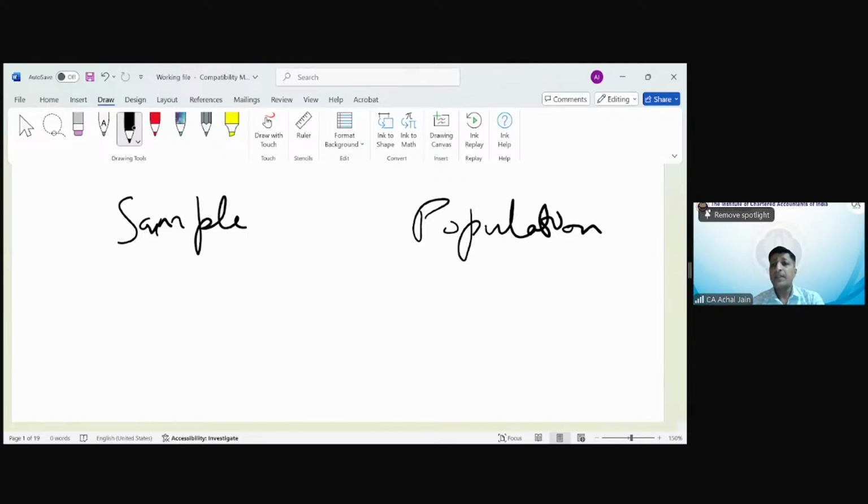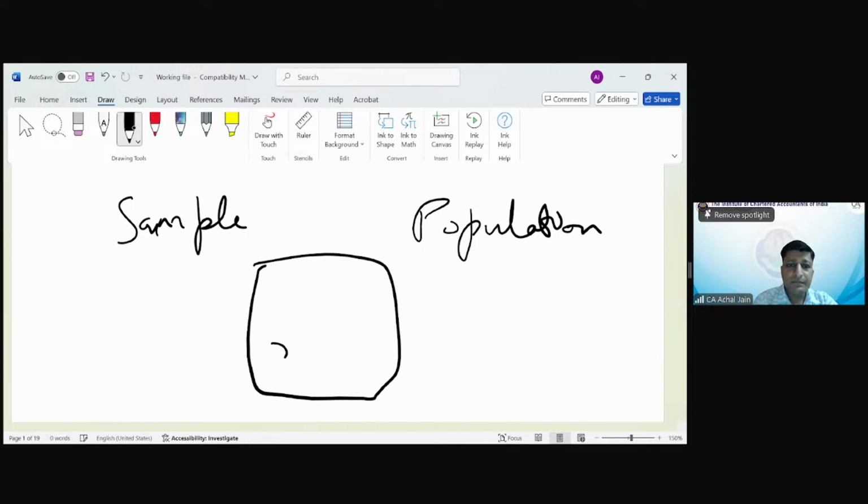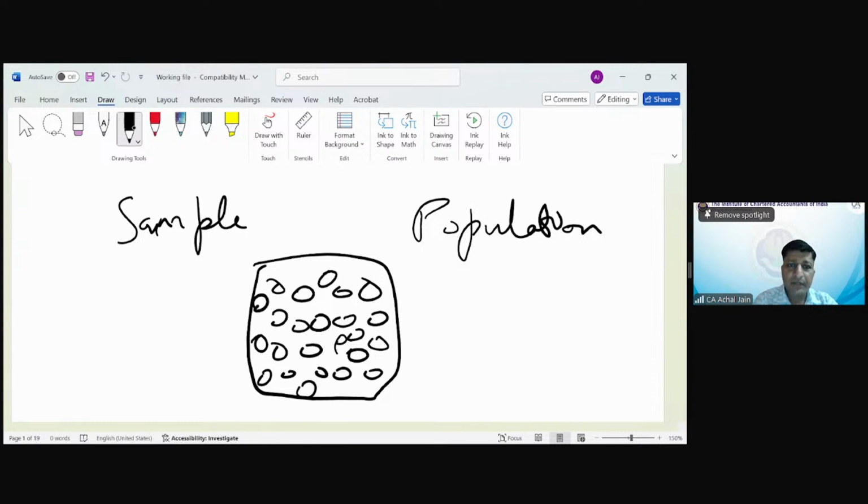Now, what do you mean by that? It means that as an auditor, you need to ensure that each and every sample which you select is unbiased, or the approach of sample selection should be one wherein any sample can be picked. Let's suppose this is a basket, and there are balls in this basket. If you have to pick up any ball from this basket, what do you do?